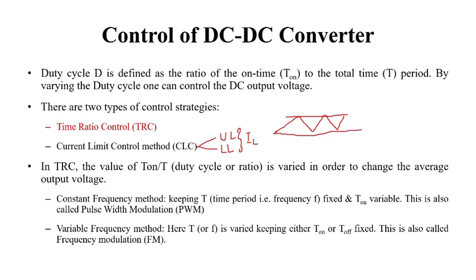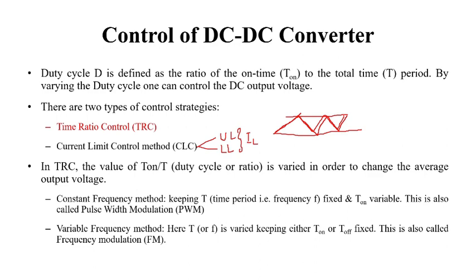If our load current moves beyond the upper limit, then the switch is turned off, and when the switch is off, the current gradually decreases. When it reaches the lower level, the switch is turned on again, and it forces the current to increase again. So in this session, we are not going to talk more about the CLC, current limit control method. Let us discuss the time ratio control method.